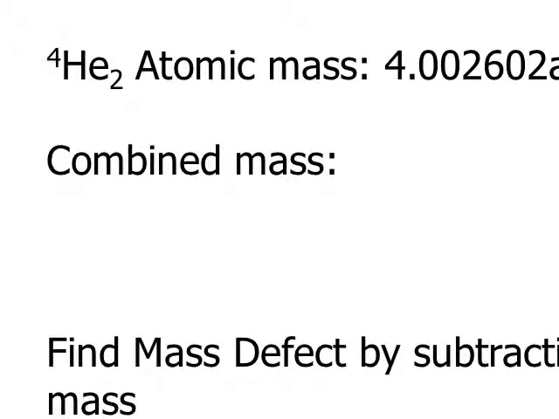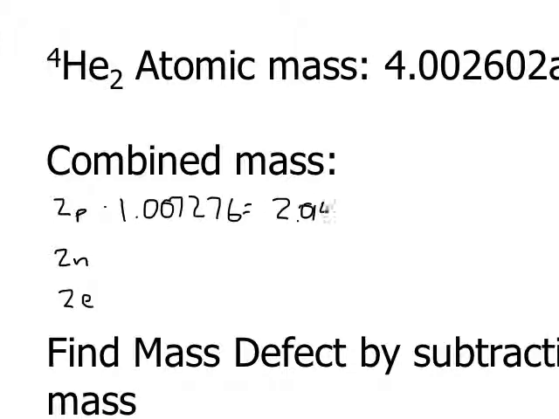In this isotope of helium, we have 2 protons, 2 neutrons, and since it's neutral, we also have 2 electrons. Now I'm just going to multiply these numbers by the weight of their respective parts. All of these masses are in atomic mass units.